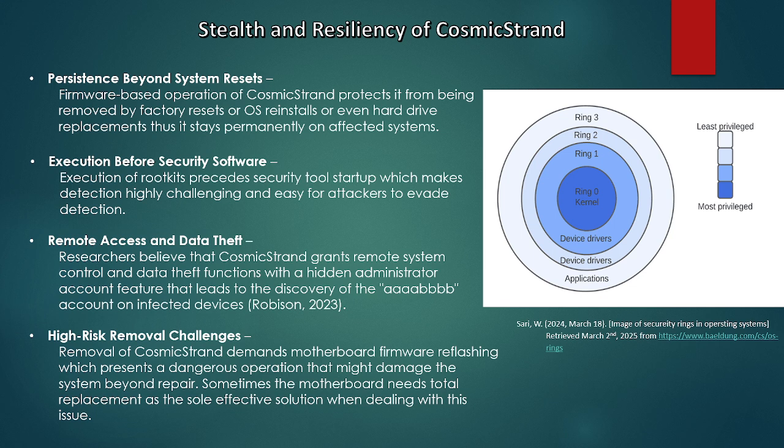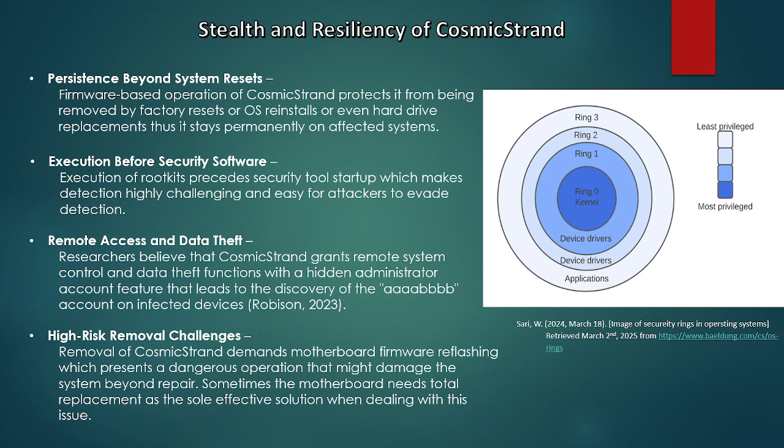According to Robinson 2023, CosmicStrand establishes permanent system presence through its embedded and harmful code, which maintains presence throughout system updates and operations. Again, security analysts have been unable to recover the complete final payloads which command and control servers downloaded, because of this difficulty to assess its complete capabilities.